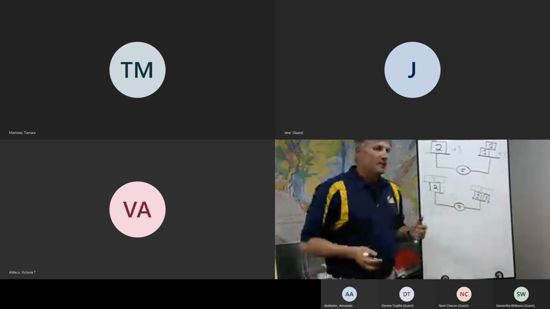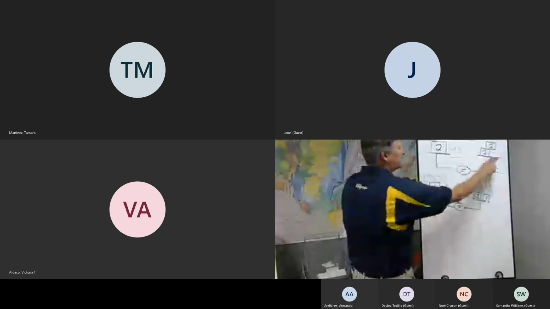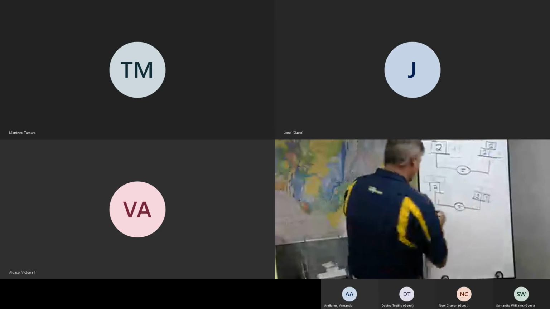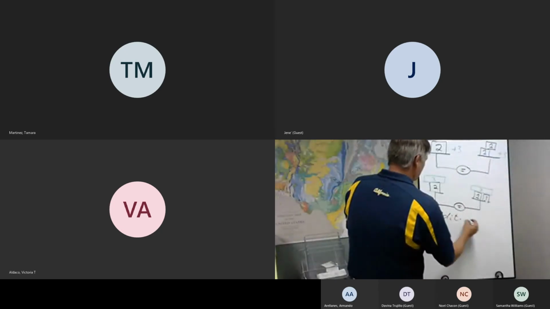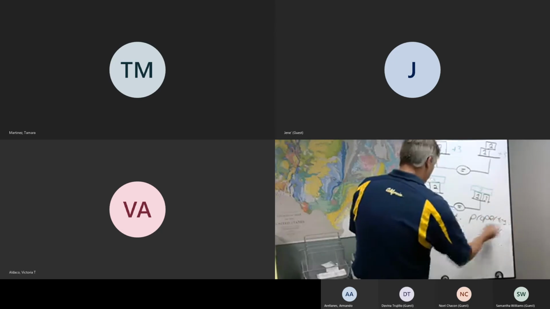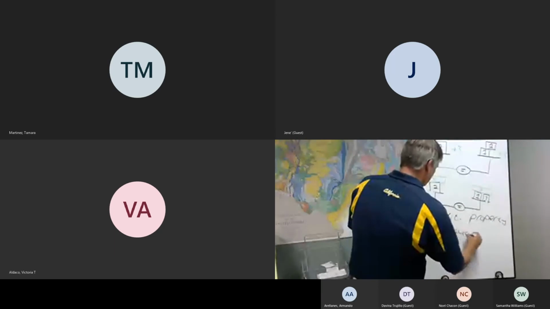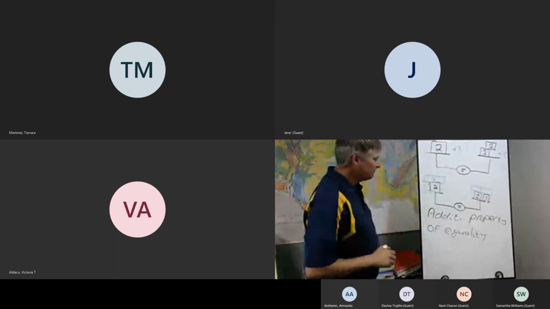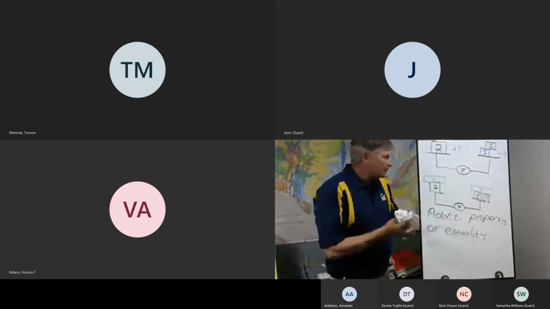So we call this the addition property of equality, where if we add the same amount to both sides, things still balance. So this is how we think of it in terms of weights and scales.